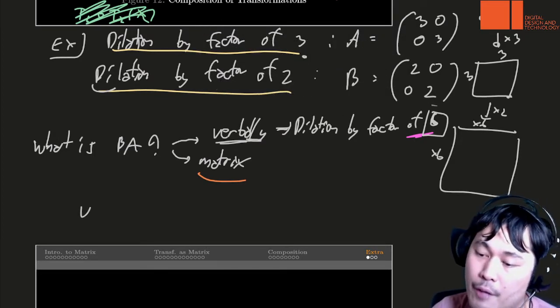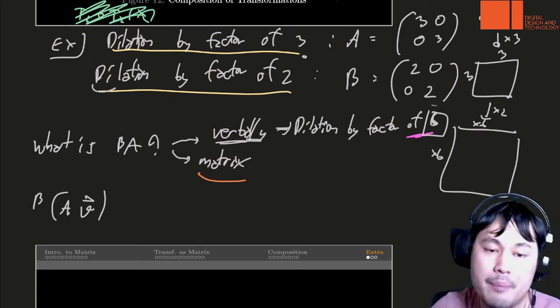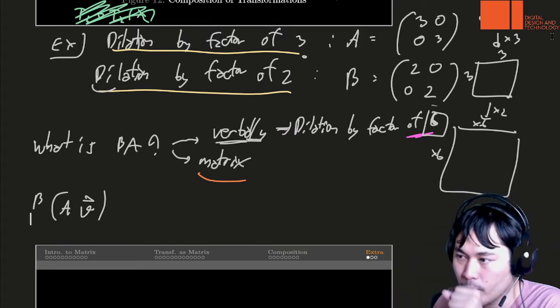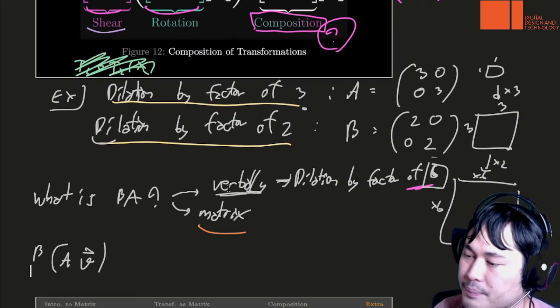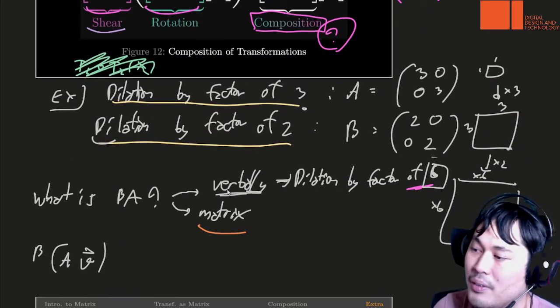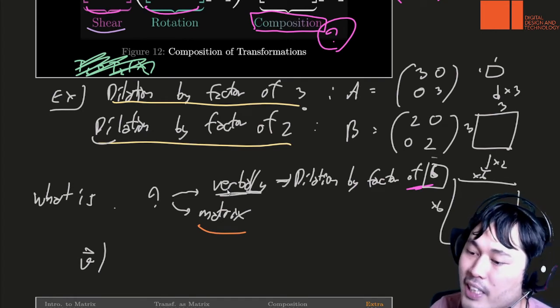So if you have any vector, the first thing is you multiply it by A, and then you multiply it by B. Maybe I should stick with the notation we have up here. Let's get back to A times B.